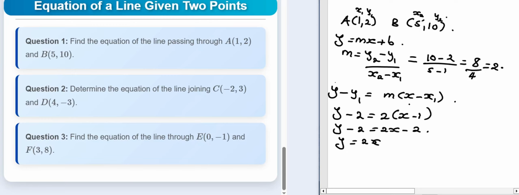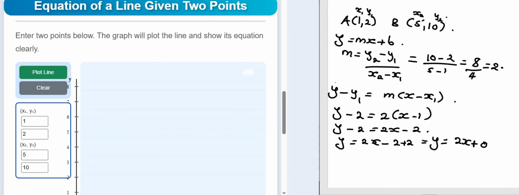Then I'll take these 2 to the other side, which becomes minus 2 plus 2, then it becomes y is equal to 2x plus 0. So in this case, the y-intercept is 0, and this is the equation of the line. Sorry, I forgot to tell you, here it is plus 0, not minus 0.